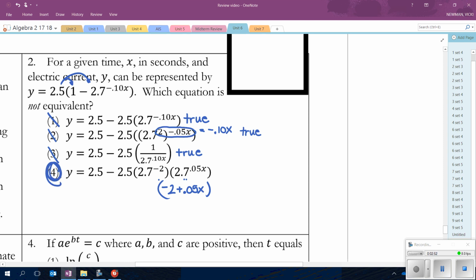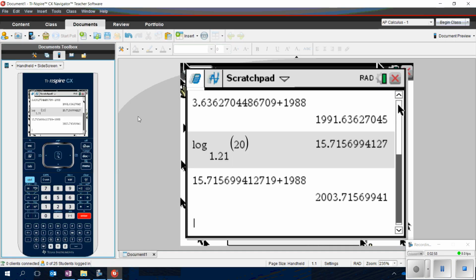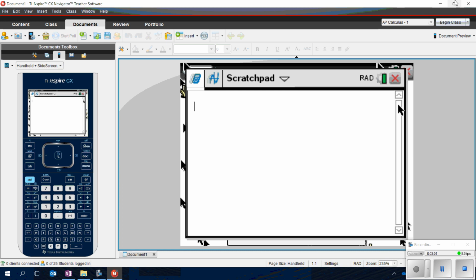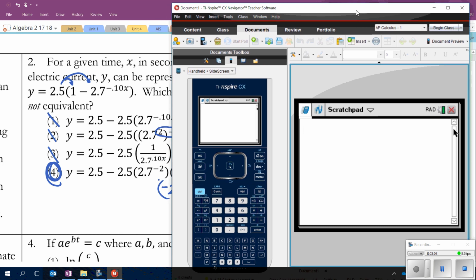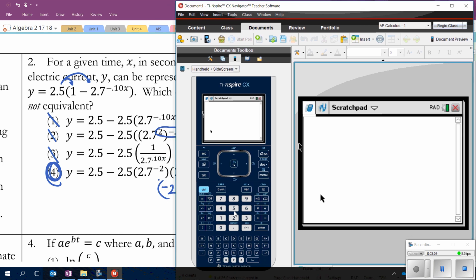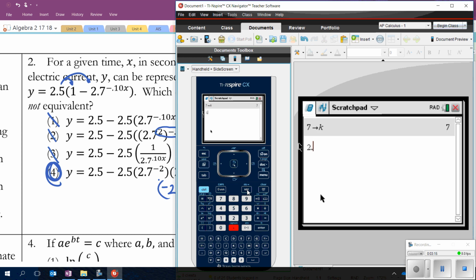The other way to do it, the easiest way to do it, is pick a number for x. Let me clear all this junk out, and I'll try to be really fast, even though typing this isn't probably going to go really fast. Let's store a fun value for x. Let's store 7, and I'll store it for k. So the first one, 2.5 minus 2.5, 2.7 to the negative 0.10k.